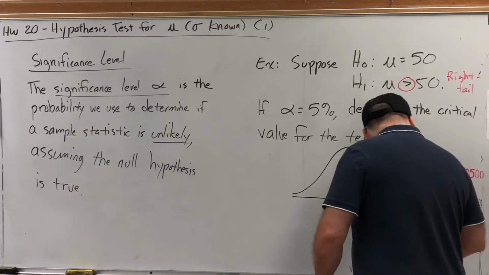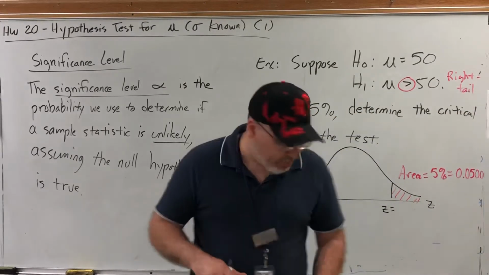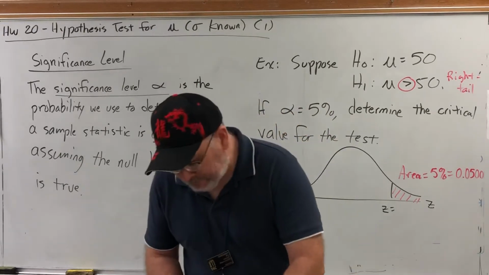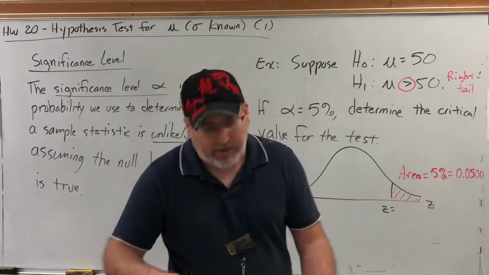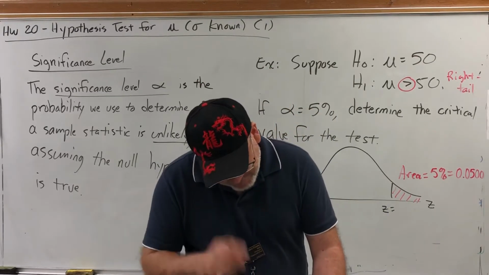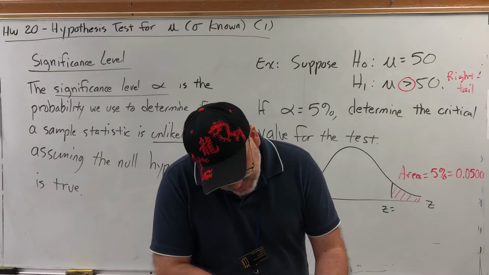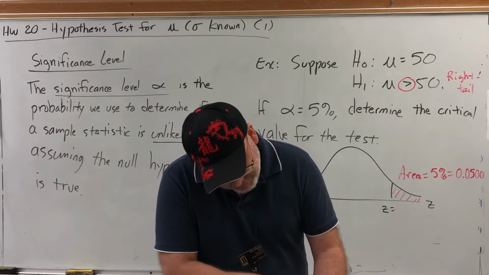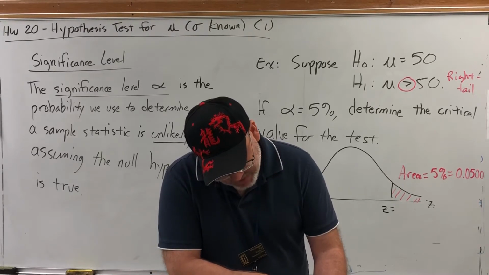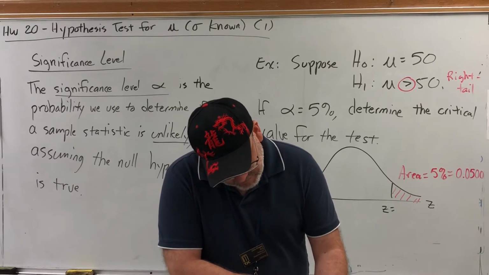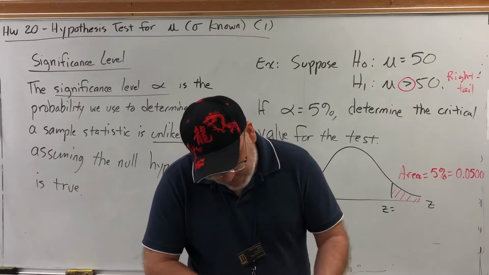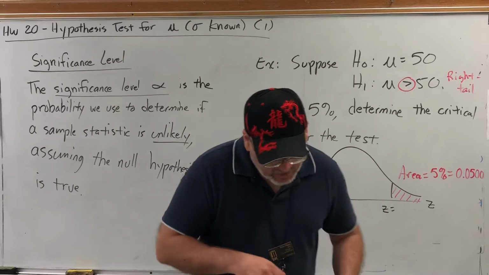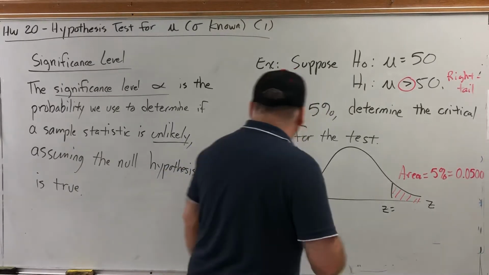So if we were to look up 0.0500 in the z-chart, I know some of you are thinking, but that's the right area, not the left. I'm aware. If we go to find 0.0500 in the chart, if you have your chart handy, go to the negative 1.6 row. And as you go across the negative 1.6 row, you will see 0.0505 and 0.0495.